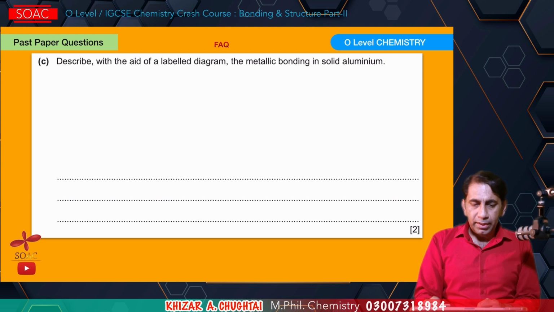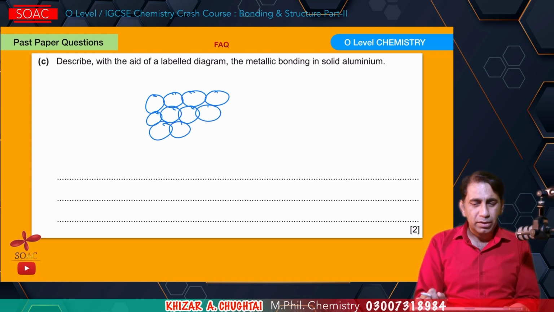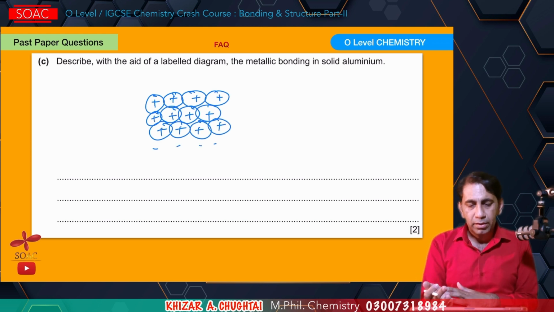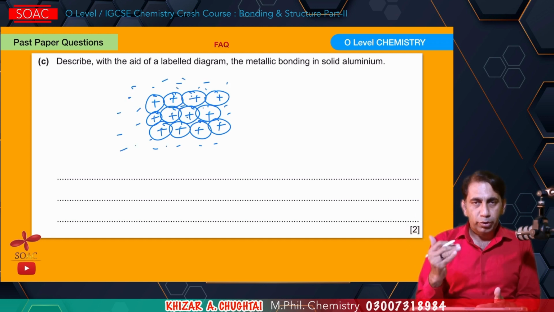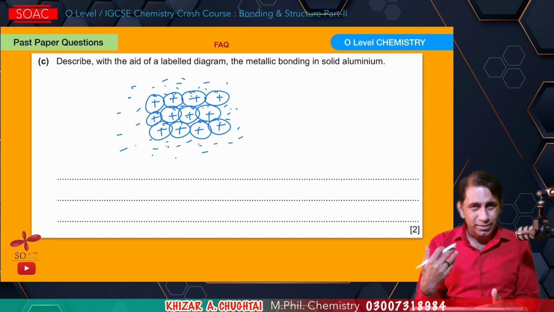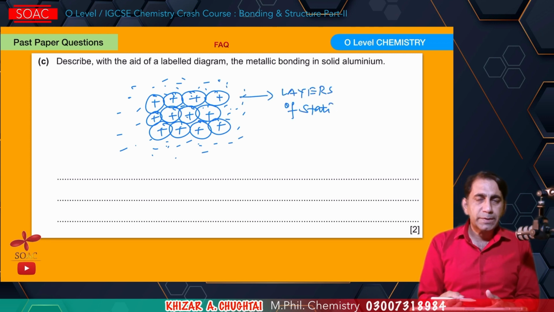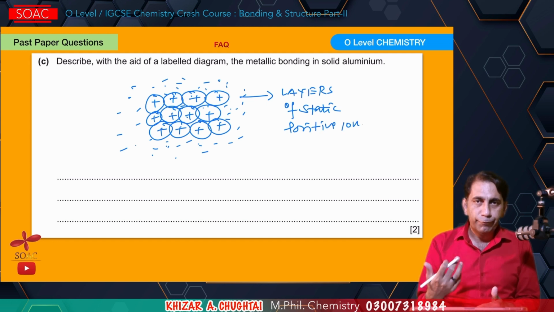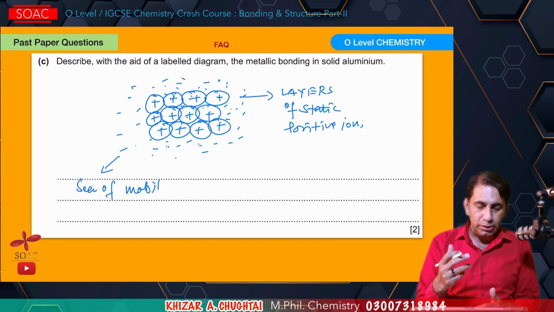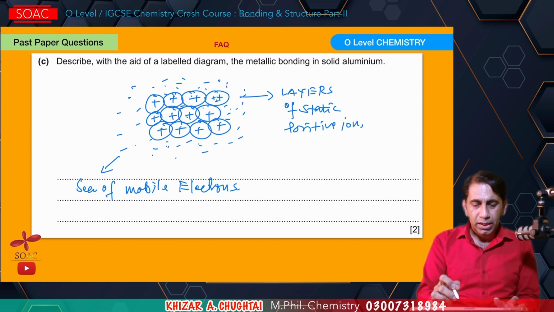Next one: label the diagram of metallic bonding in solid aluminium, for 2 marks. Same is the case here, and the same steps will be repeated. There are layers of static positive ions for aluminium, and there must be free or delocalized electrons, a sea of electrons.